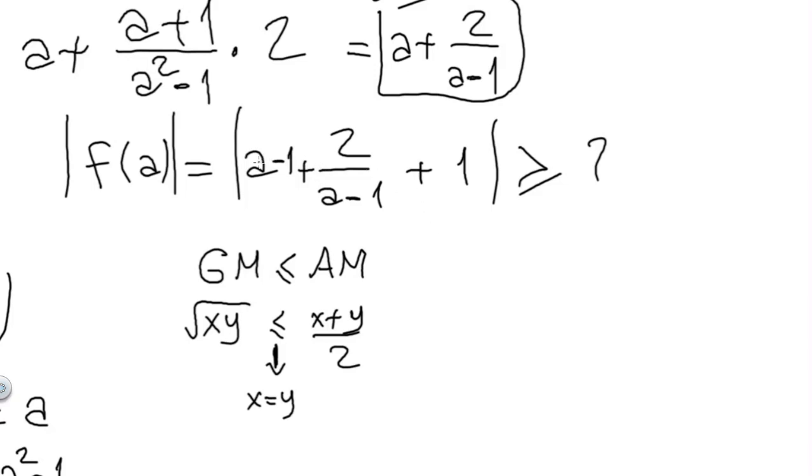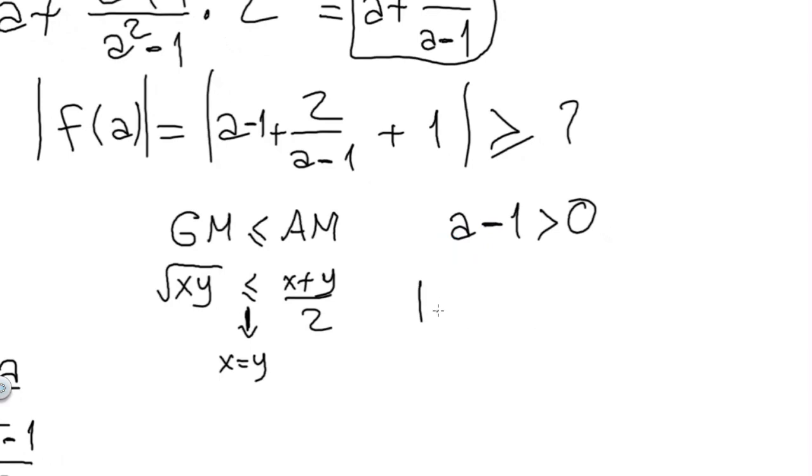A minus 1 has the same sign as this thing, because it's also just flipped. And so maybe I can separate it. If A minus 1 is greater than 0, then this is positive, so let's see what FA is now.